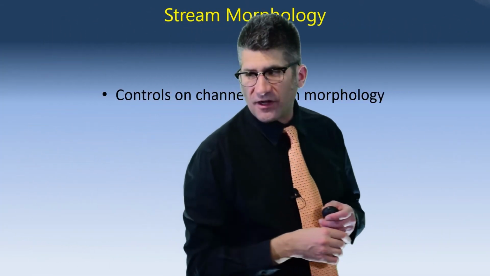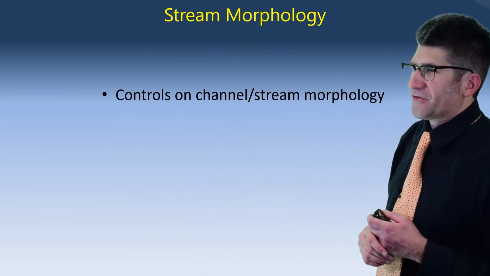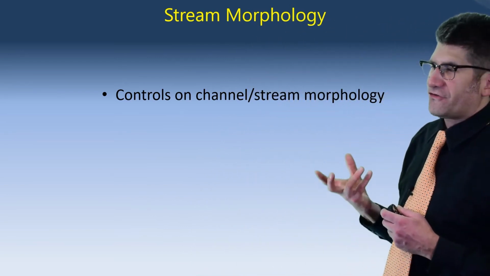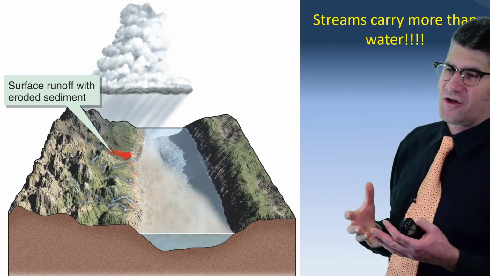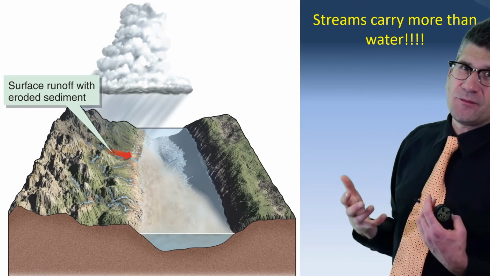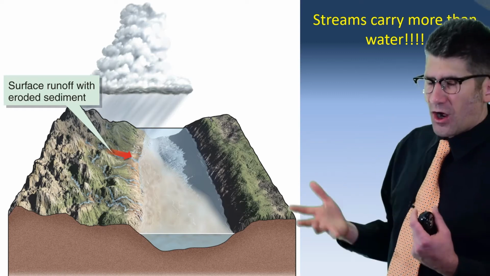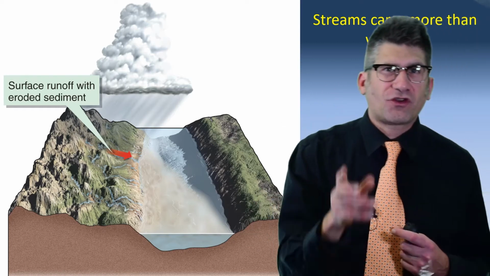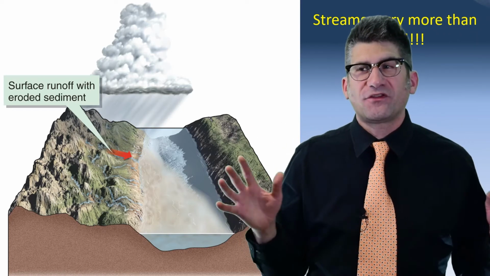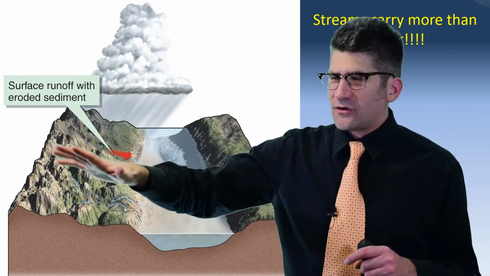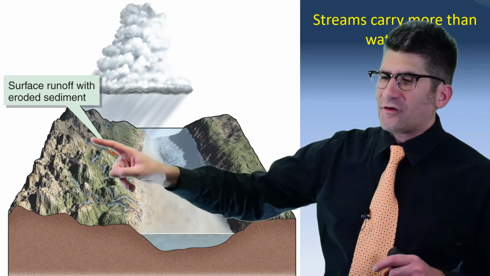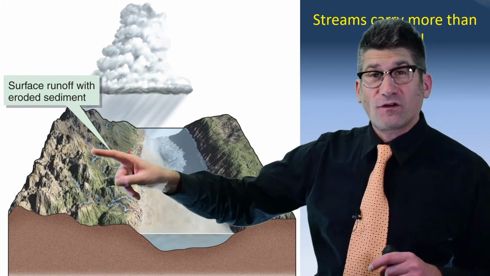Okay, moving on then. Let's think about the controls on channel and stream morphology. One of the most important controls on that morphology is the input of sediment to the channel. So always remember that streams move more than just water, they move sediment too. We'll have a rainstorm event, and so we are dumping water into the river as it runs off the landscape during overland flow.